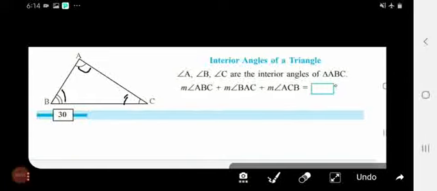Angle A, angle B and angle C, their addition is always 180 degrees, because in every triangle the sum of all angles is always 180 degrees. So these are called interior angles of a triangle.